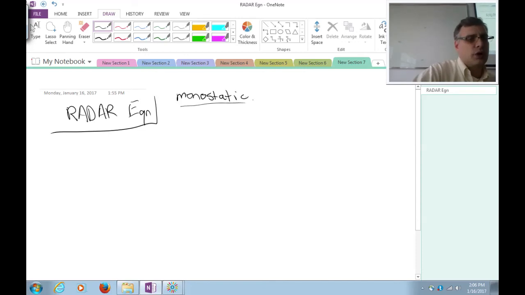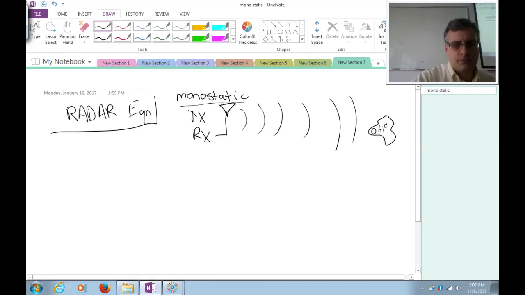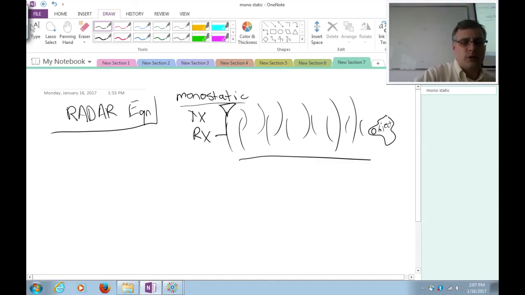Monostatic, that's a fancy word for the transmitter and the receiver are in the same location. In some cases, the same antenna. You send a wave out, you strike an object, and that object radiates part of the power back to here. We're separated by a distance r.